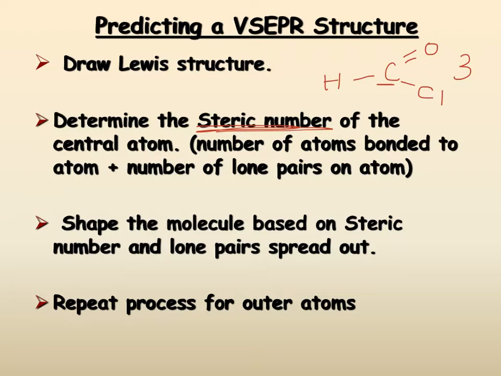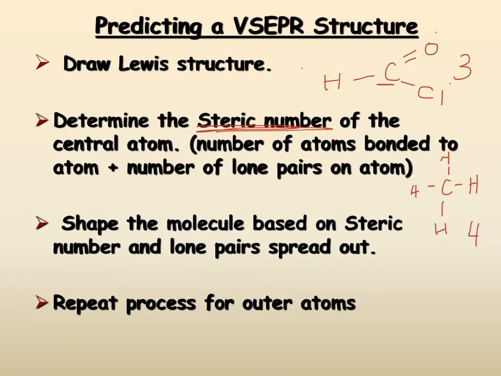And that is because there are 1, 2, 3 atoms attached to it. Okay? Whereas, say, methane, which is CH4, has a steric number of 4, because there's 4 atoms attached to it.